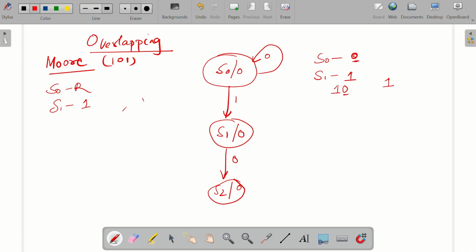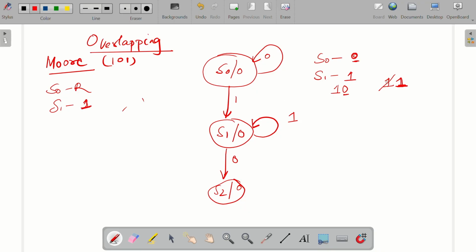But instead of receiving the second bit as 0, if you receive the second bit as 1, this means you can ignore the earlier 1. You can start your sequence detection with this latest 1, and that means you will stay in the same state and wait for the second valid bit, which is 0, so that you can proceed with the sequence detection. S1 is a state where you get one bit 1.